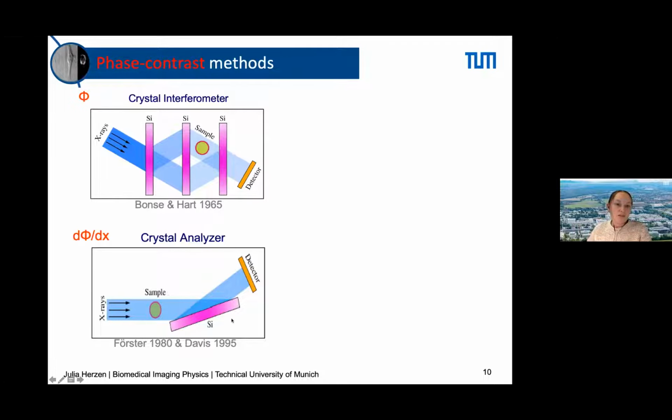So you perform a measurement once with and once without the sample, and then everything which is refracted by the sample will come as an intensity at the different angles. So you will be able to sort this and get the first derivative of the phase detected. It's also a method which was used many times in former times, from the 80s starting, but now I think there are much easier ways to get the phase detected.